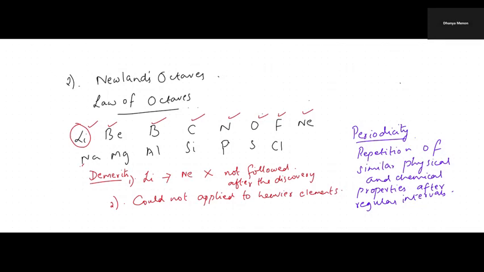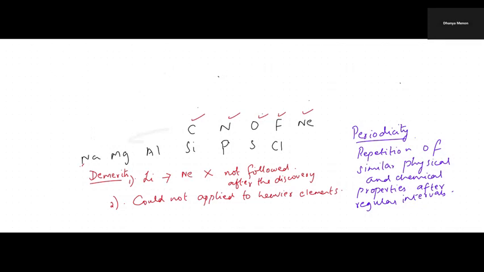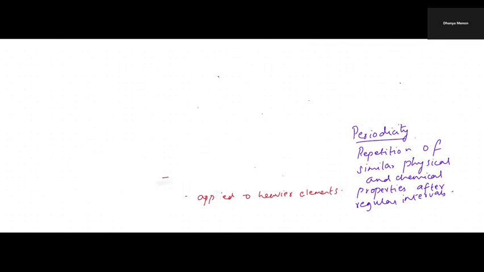So scientists kept on working on the periodic table, and the next scientist who worked on the periodic table was Mendeleev. He is also a very famous scientist.